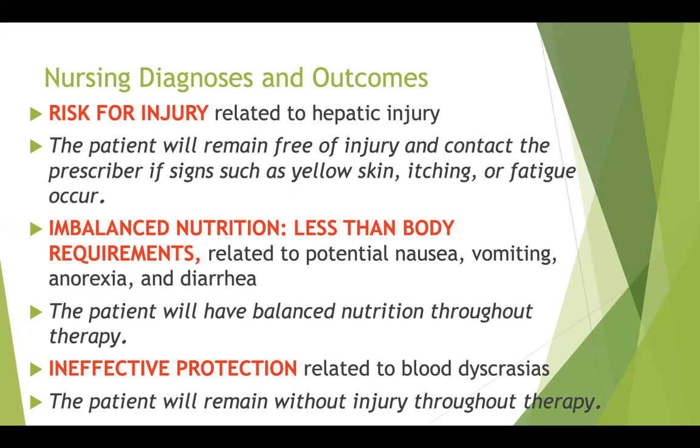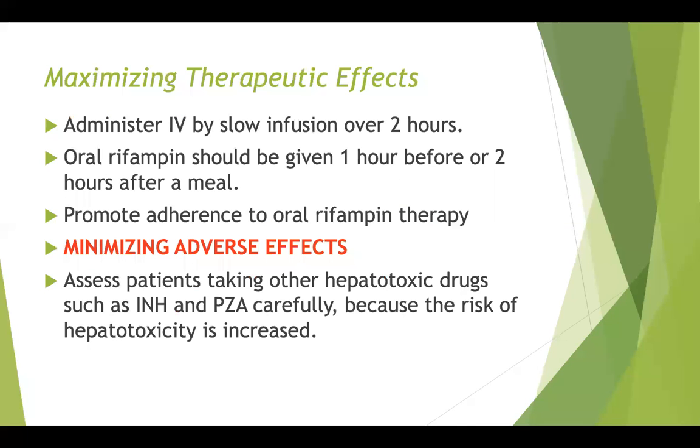Our primary protection is the skin. So once your skin is intact and your blood is having problems, it may also be considered ineffective protection. The patient will remain free from injury all throughout the therapy.